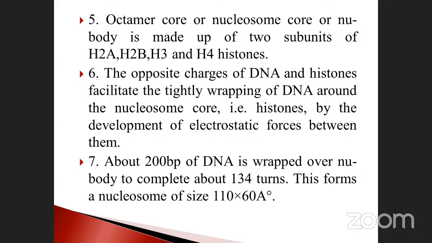I will show you the structure; you can easily identify it. The octamer core or nucleosome core is also made up of two subunits. That subunit is called what? H2A, H2B. What is the meaning of that? Histone 2A, histone 2B, histone 3, histone 4, like that.